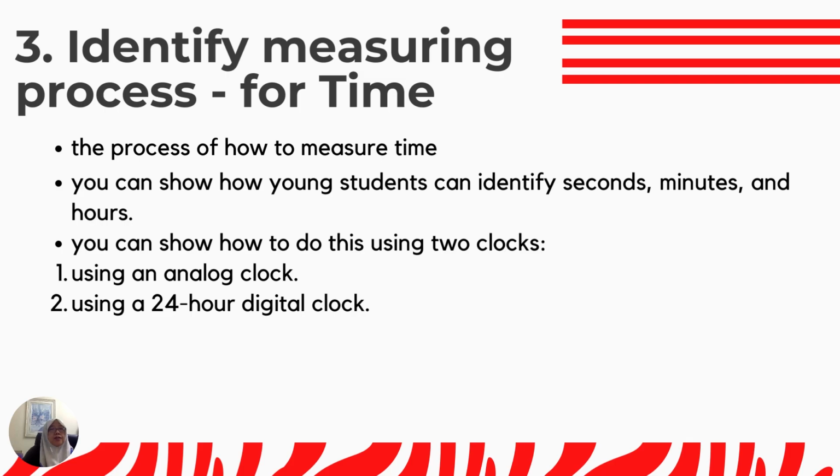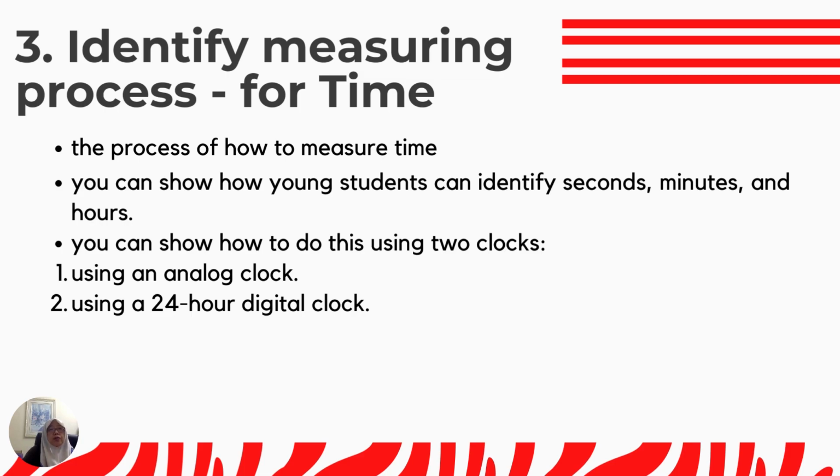Okay, so let's identify measuring process for time. So the process of how to measure time is here, and you can show how young students can identify seconds, minutes, and hours. They also need to be able to convert from seconds to minutes, minutes to seconds, minutes to hours, and hours to minutes, and then seconds to hours and hours to seconds.